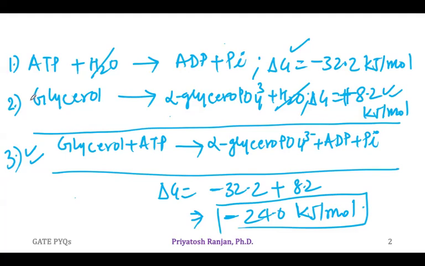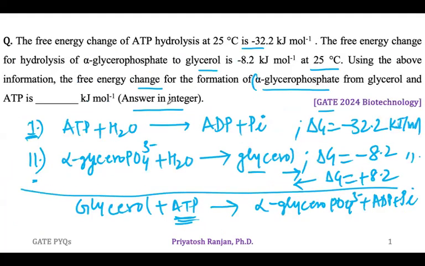Because I have combined the second reaction with the first one, and this first reaction is facilitating the formation of alpha-glycerophosphate. Such reactions are also called coupled reactions, where I have coupled the two reactions to facilitate the conversion of glycerol to the glycerophosphate.